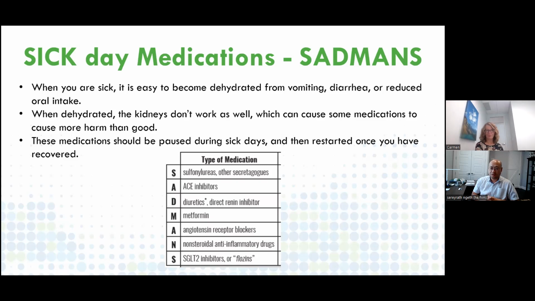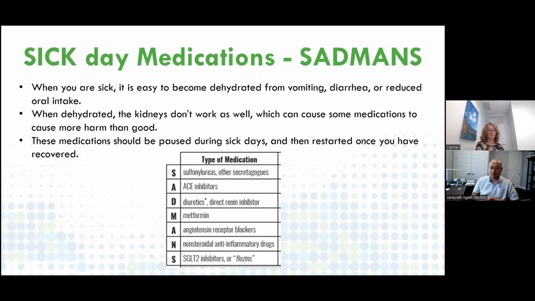Diuretics are water pills. Direct renin inhibitors, that's a class of blood pressure medications which we don't really use anymore. Metformin, we talked about being a diabetic medication. Angiotensin receptor blockers is another class of blood pressure medications, just like the ACE inhibitors.